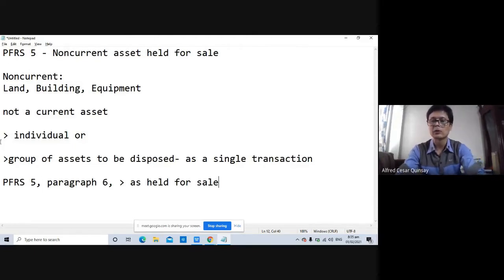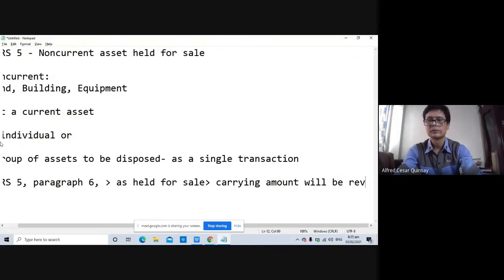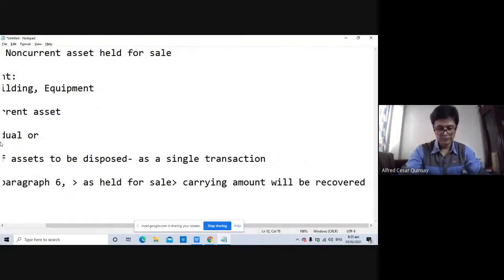So kumbaga ma-recover siya yung carrying amount niya, recovered principally through a sale transaction rather than continuing use.